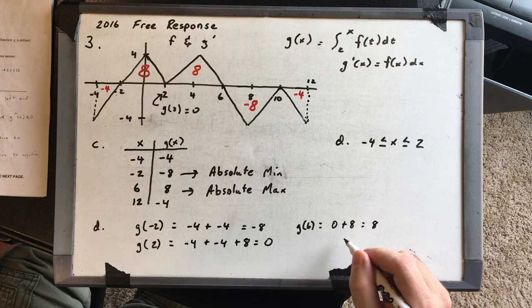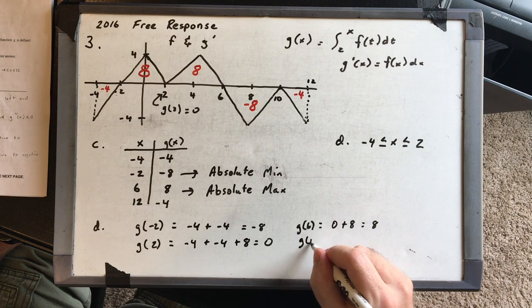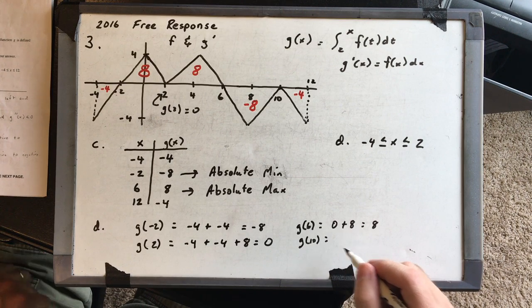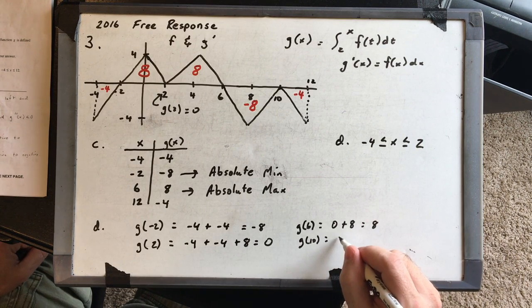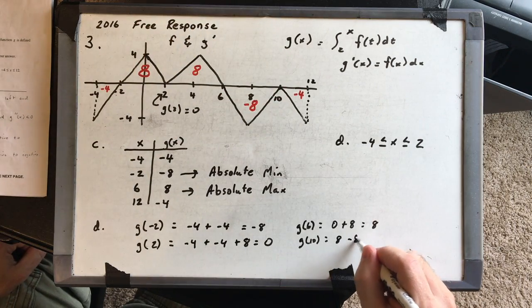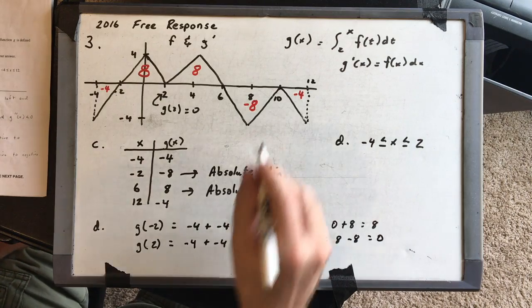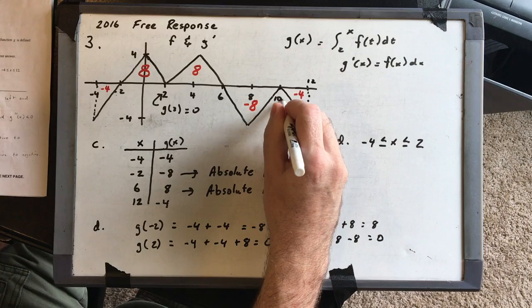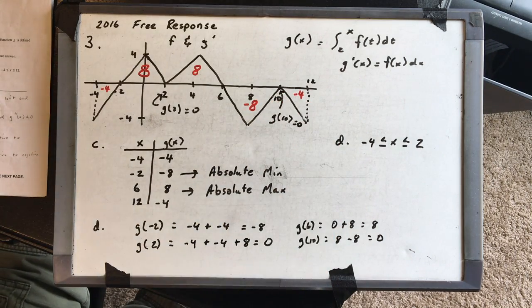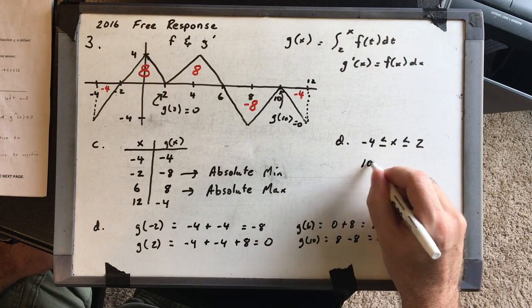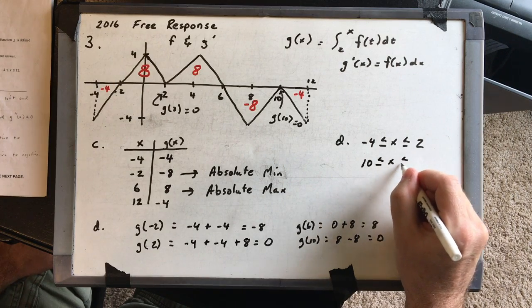And then how about g of 10? At 6 you're at 8, but then you subtract 8 between 6 and 10, so that's 0. We're back to 0 right here, and then it goes negative after that. So your second interval is between 10 and 12.